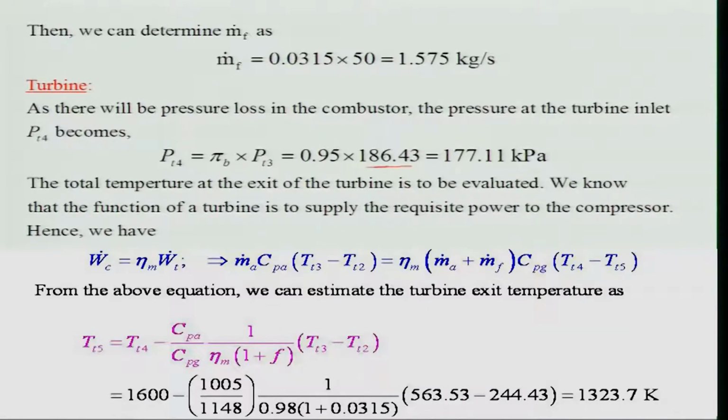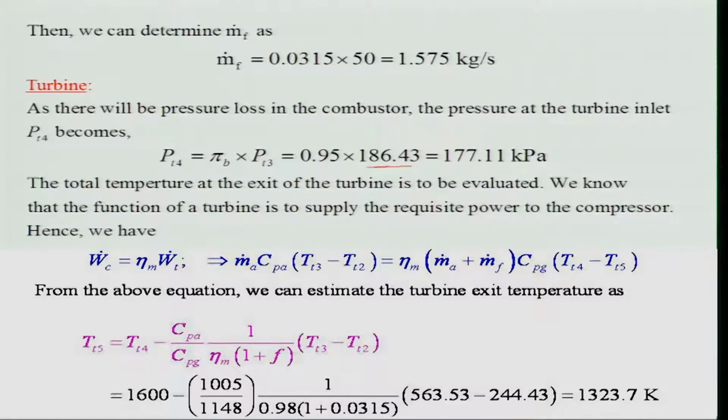M dot A CPA (TT3 minus TT2) is equal to eta m into (m dot A plus m dot F) CPZ (TT4 minus TT5). From this expression we can get a relationship for TT5, which is equal to TT4 minus CPA divided by CPZ, times 1 over eta m, times (1 plus F), times (T3 minus T2).